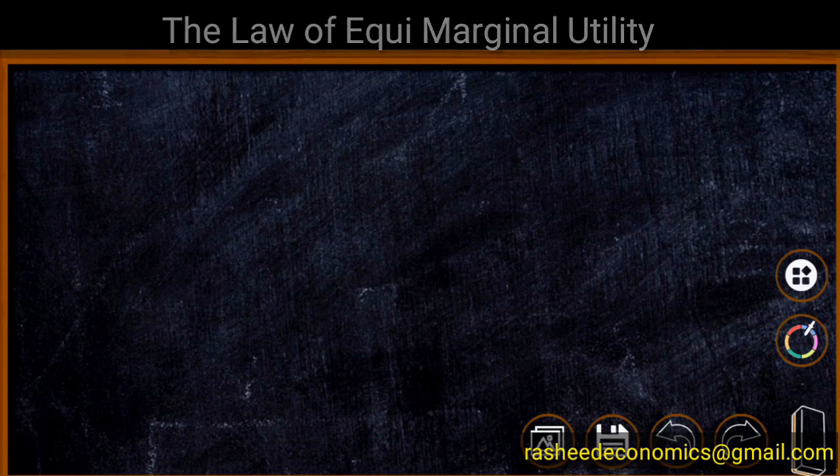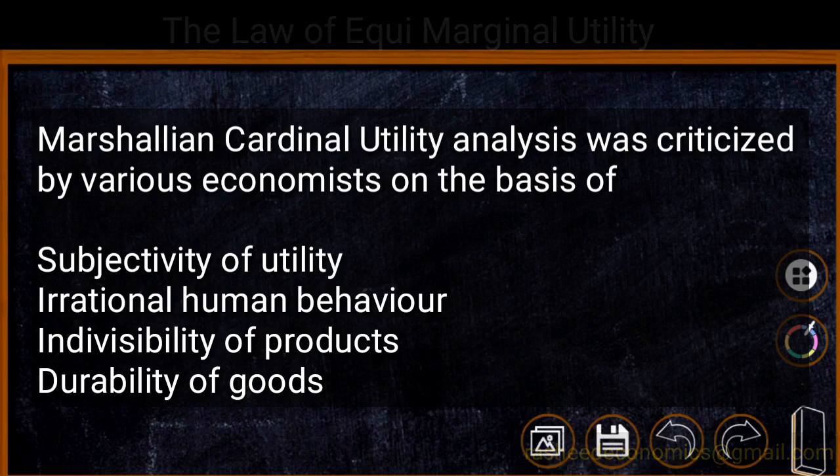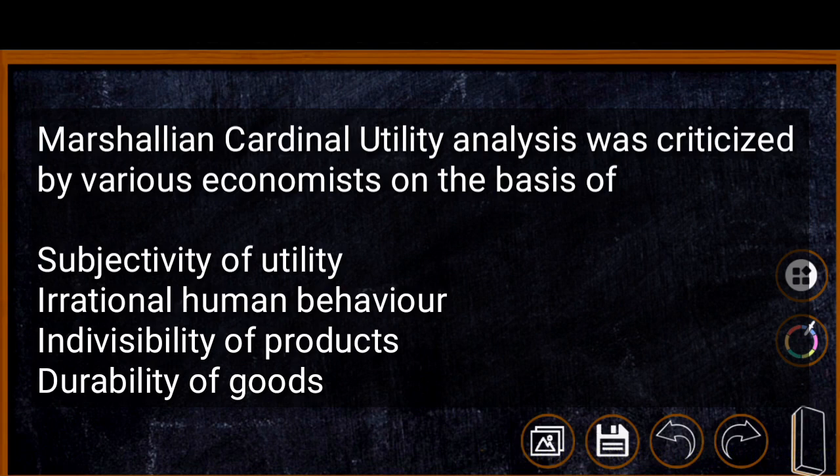The Marshallian cardinal utility analysis was criticized by various economists on the basis of subjectivity of utility, irrational human behavior, indivisibility of goods, durability of goods, etc. These points will be discussed later.